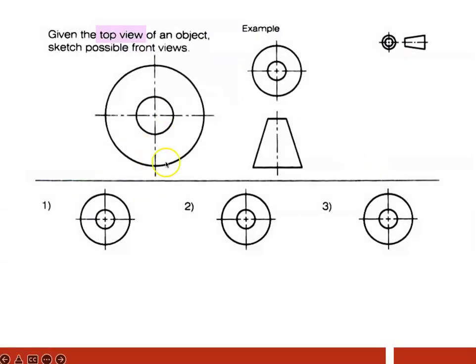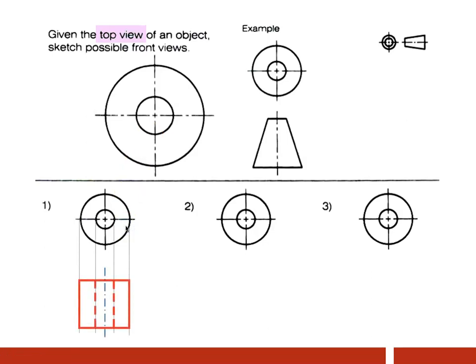Okay, so you are given this top view of an object, sketch the possible front views. And we can see that we have one circle and a second circle, and we have our center line. So we can say that it can be a hole. It can be a hole, or it can be 2 cylinders stacked on top of each other, or it can be, let's see what's the answer.